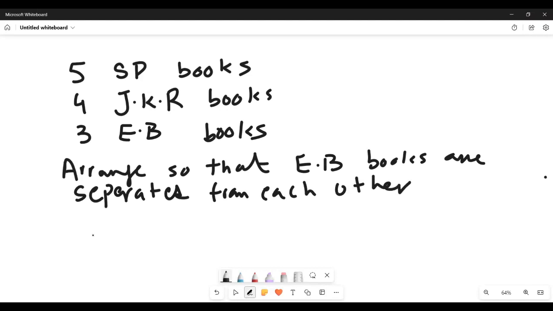So that means these 3 books cannot be placed consecutively on a shelf. All these books are lying on a shelf, but no 2 books of Enid Blyton can be together. They have to be separated.